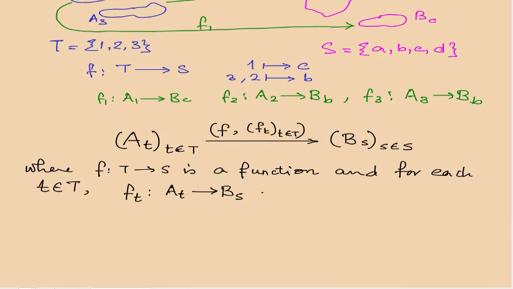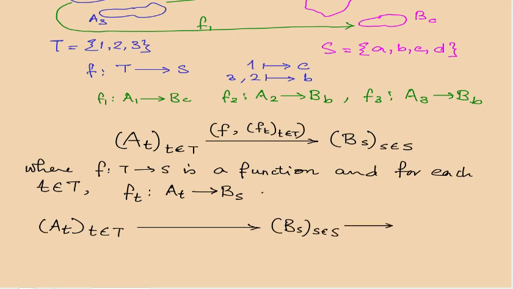So what would be the compositions? Well, it's clear. If I have f from T to S and a family f_t, and g from S to K with a family g_s, what would be the composite?